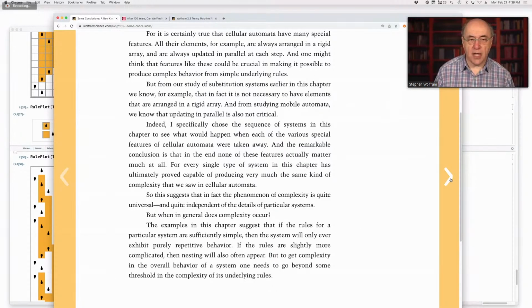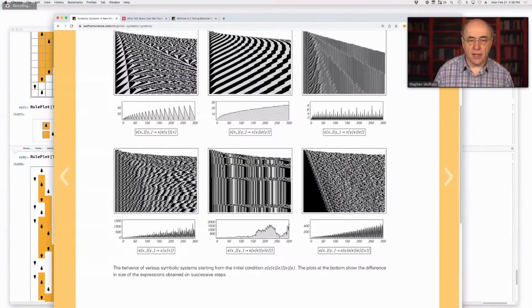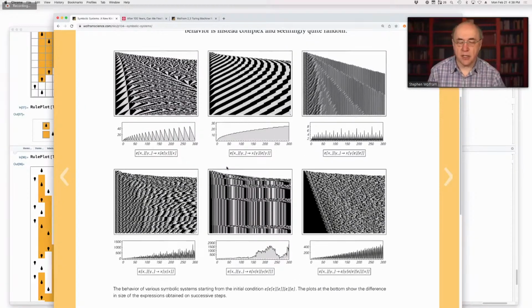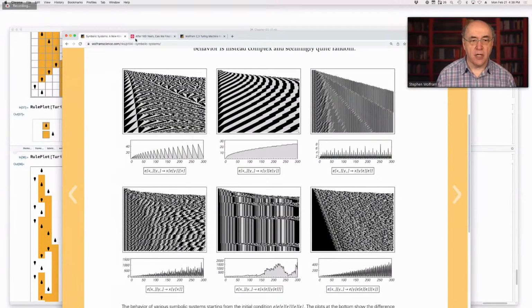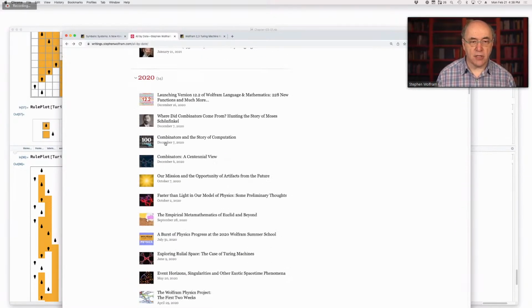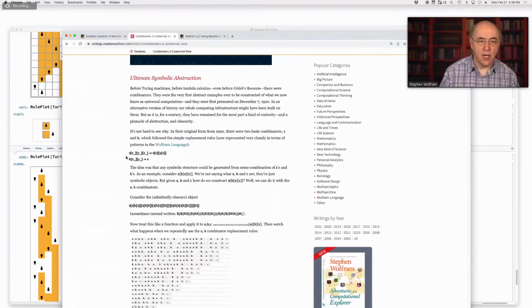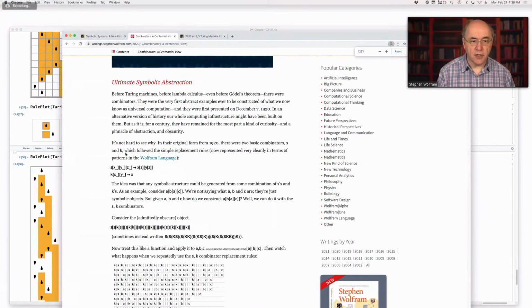Now, I will say that one of the things that I did in studying symbolic systems here was there's a big question about what order you do these rewrites in. And I will say that the very simplest symbolic systems, not the very simplest, the first ones to really be looked at were in 1920 by Moses Schoenfinkel, were combinators, which are this pair of symbolic systems.